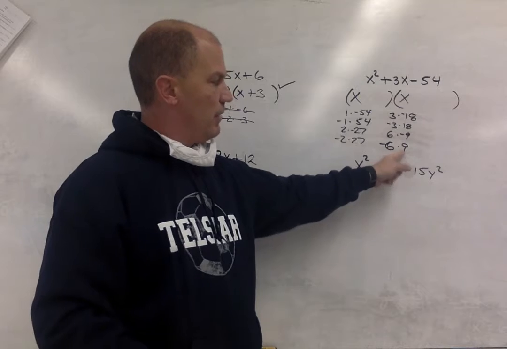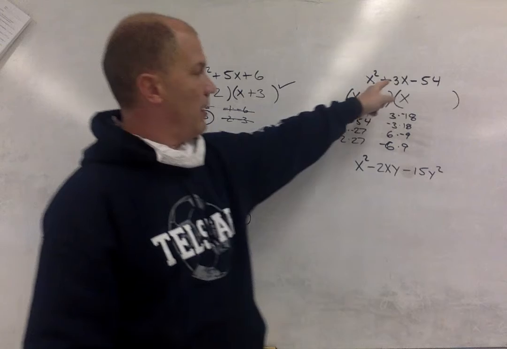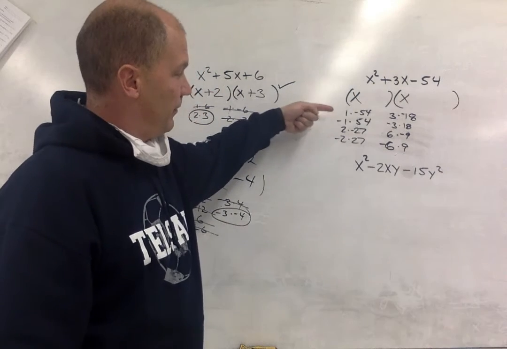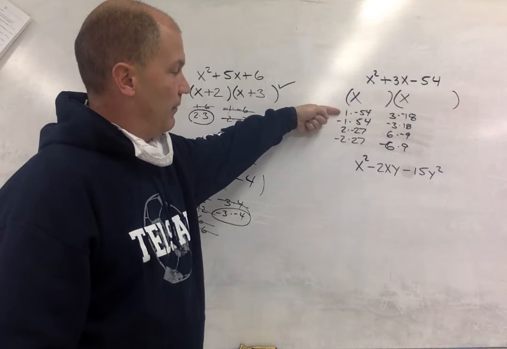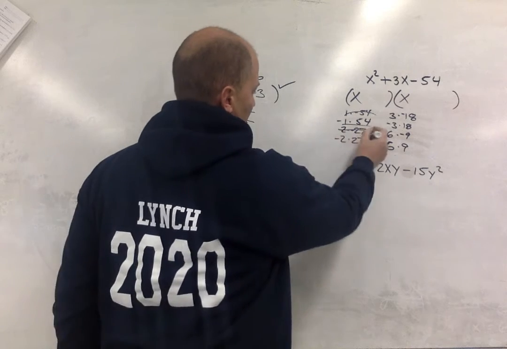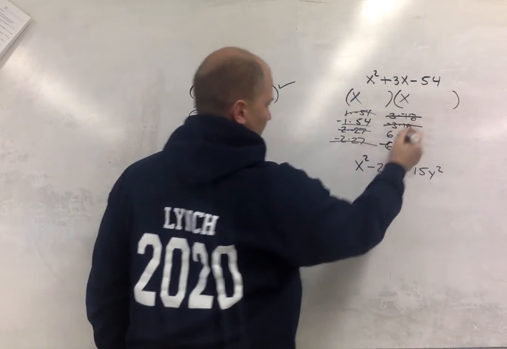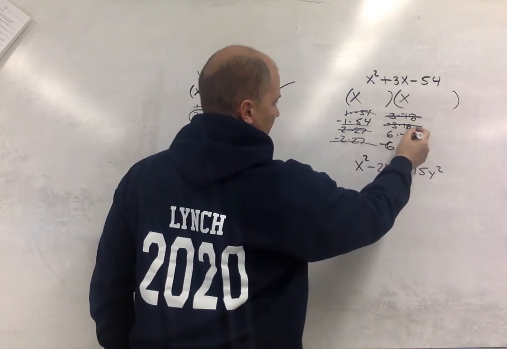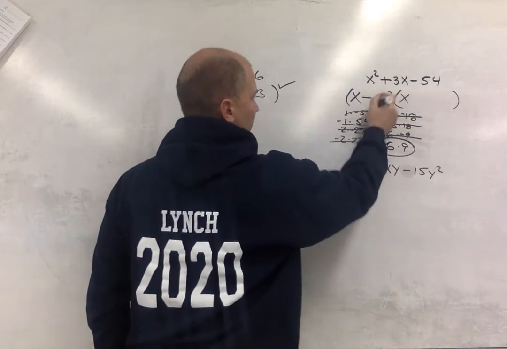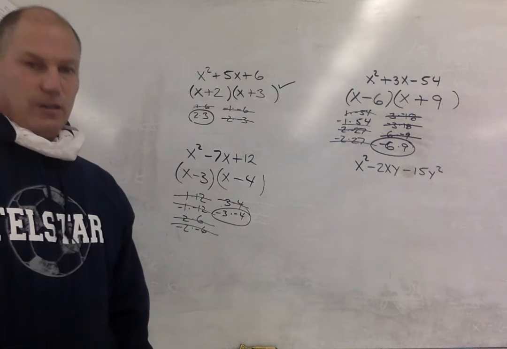And we know we're done because then the next number would be 9, and we'd be reversing this process. So one of these had better add to positive 3. So we do -6 plus 9. That's a positive 3. All right.